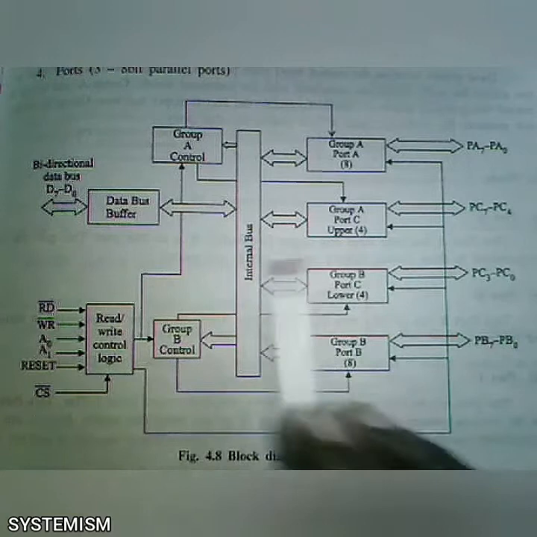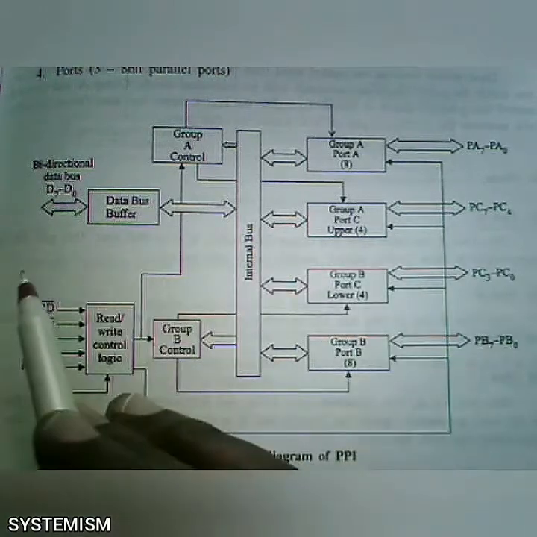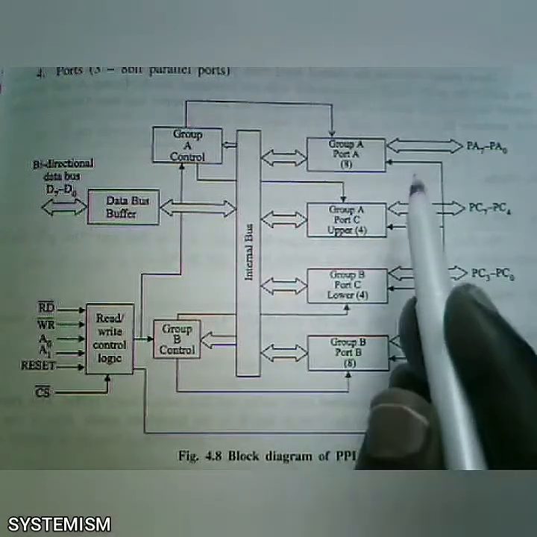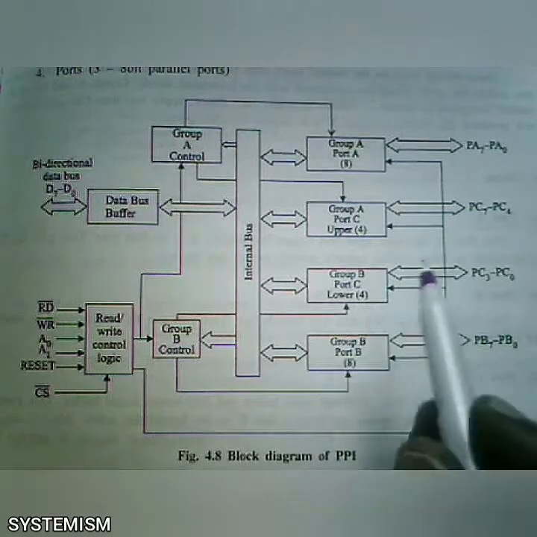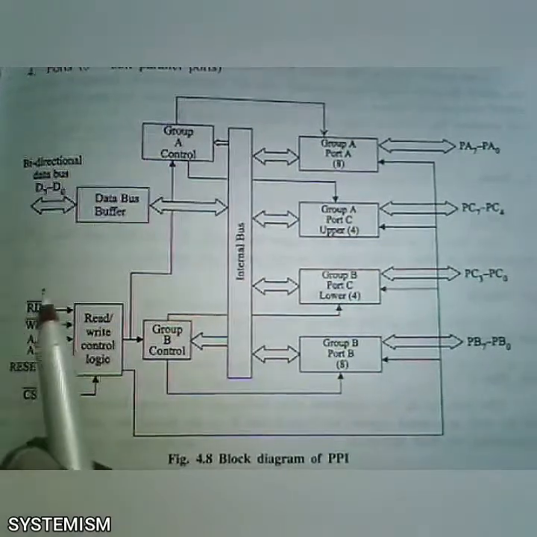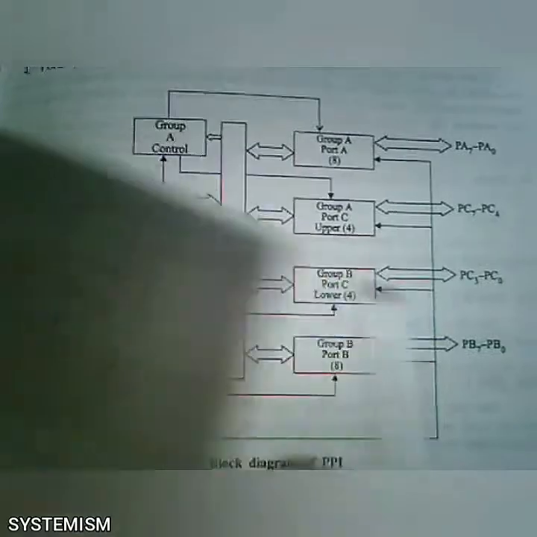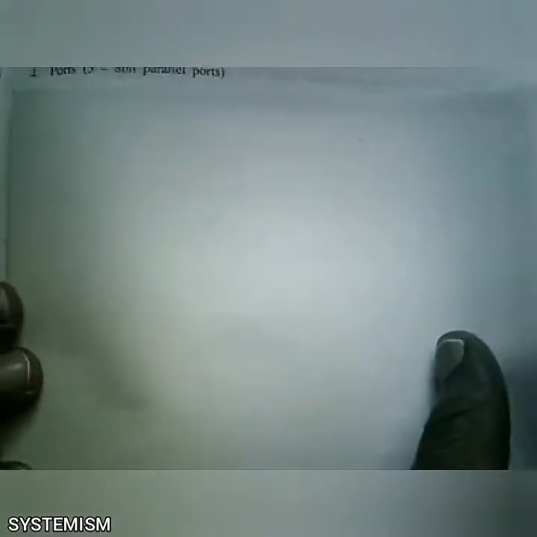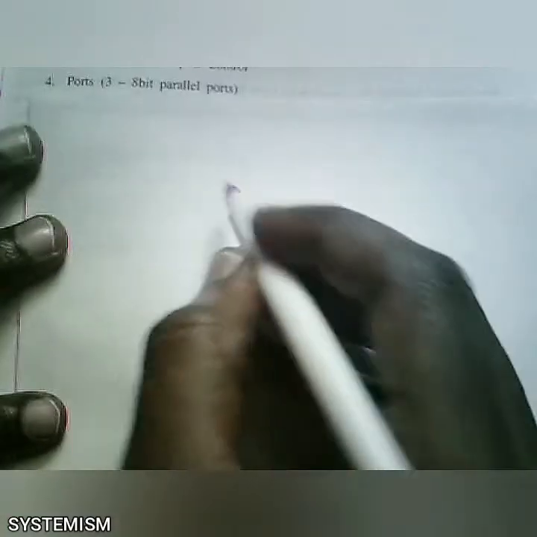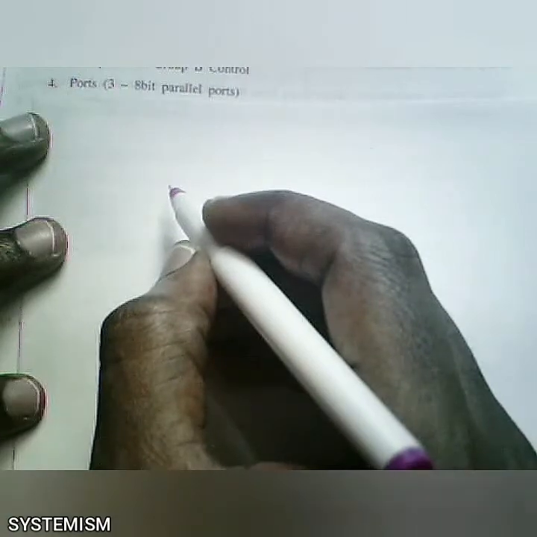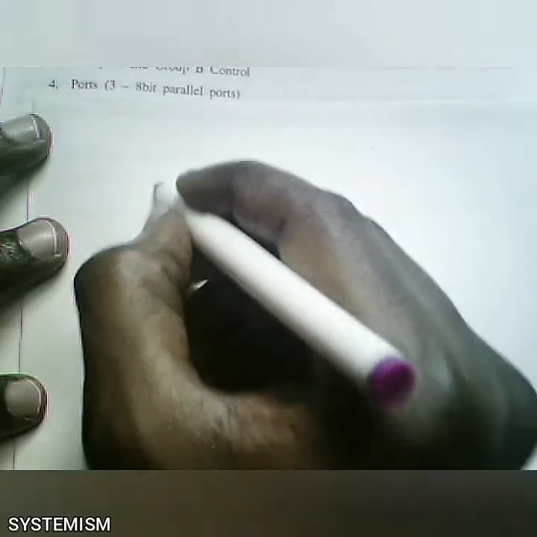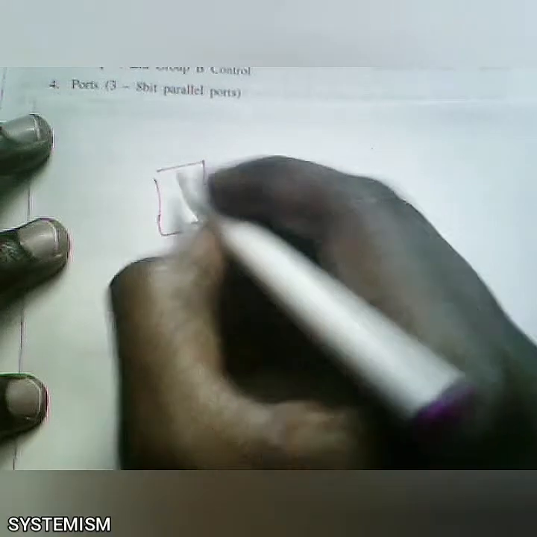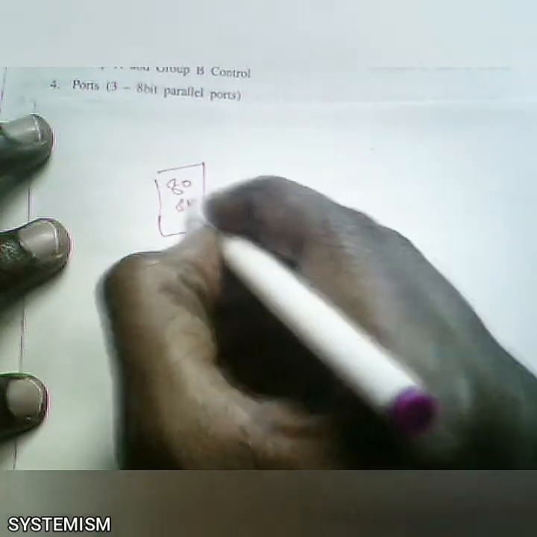So to give a parallel communication between the IO device and the 8255, we want different ports for connecting the IO device to the 8255. So I will explain. What is an IO device and the communication between the IO device and the microprocessor? We will take this 8085 microprocessor.